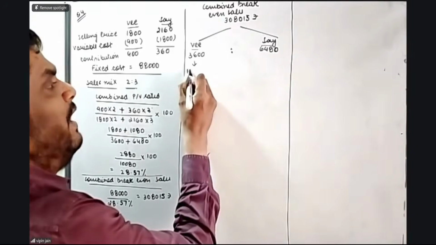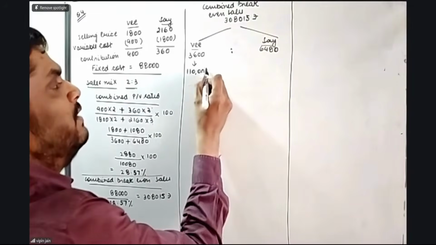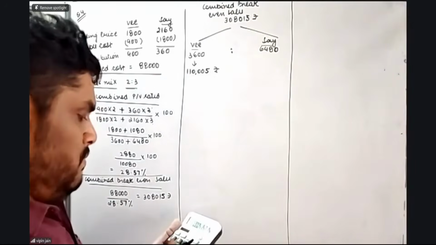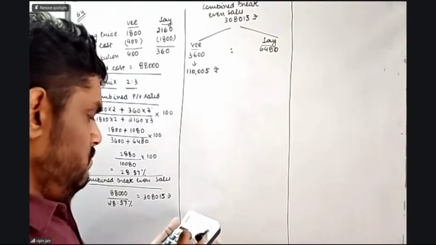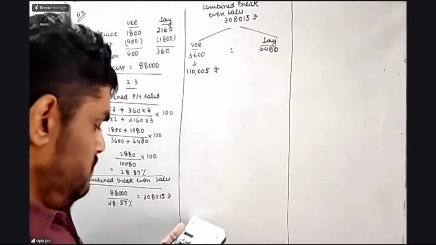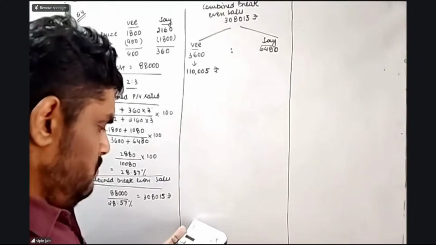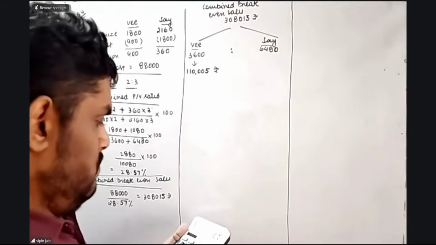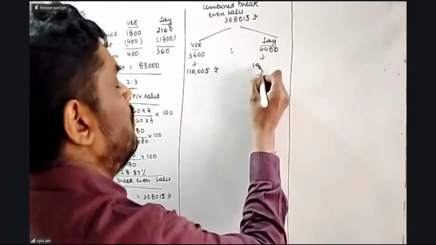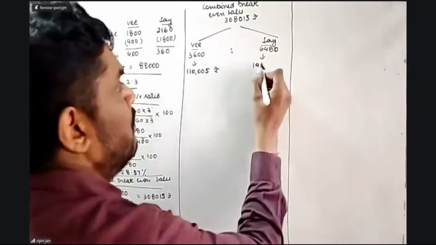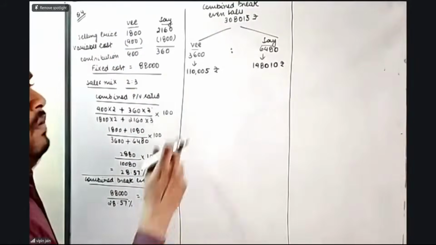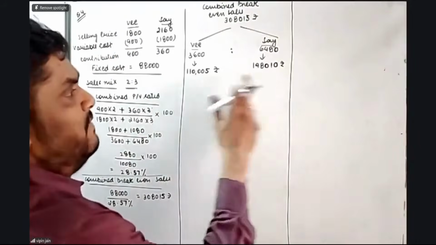So this will be 1,10,005 rupees. So this is the combined break-even sales in rupees.